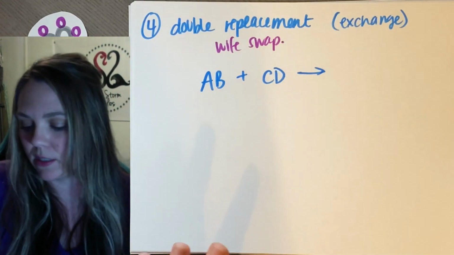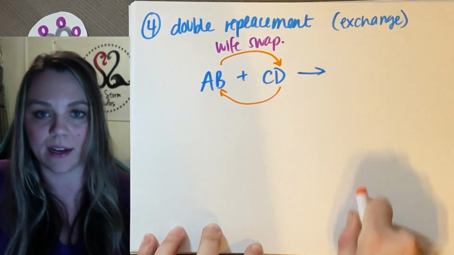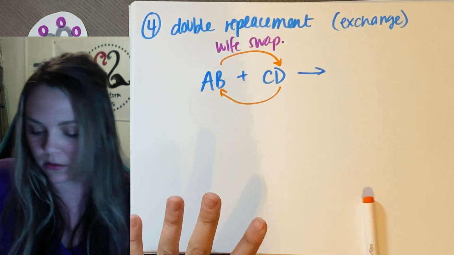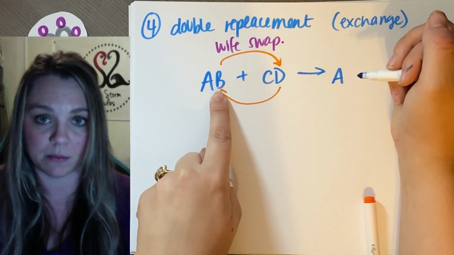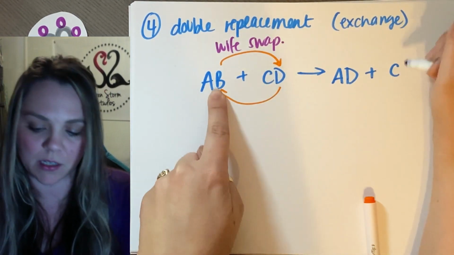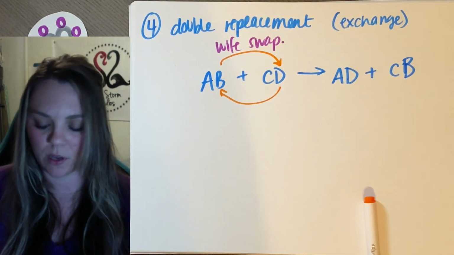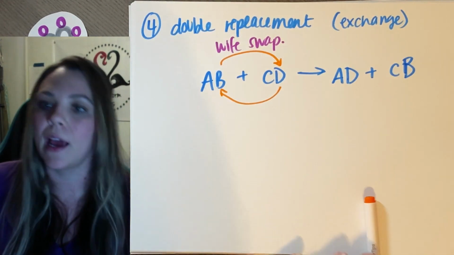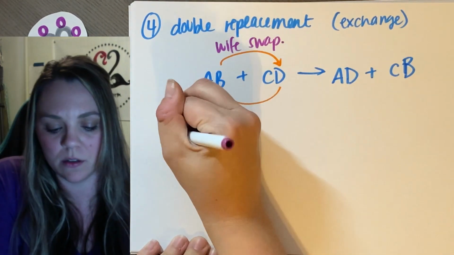So to keep everything straight, what I would do is I would just flip-flop the anions. Leave the cations where they are. Just flip-flop the anions. So now A, instead of being bonded to B, is going to bond to D. And C is going to be bonded to B. Okay?